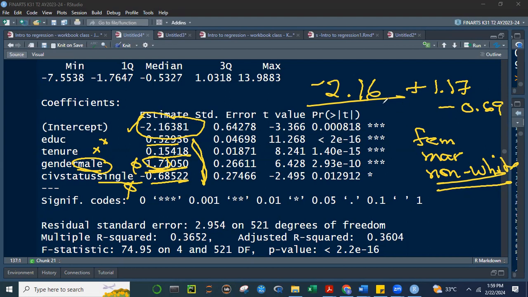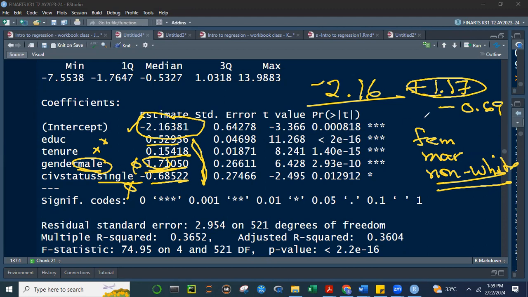Okay? So if I perform this negative 2.16 plus 1.17 plus negative 0.69, okay, that stands for the average hourly wage of a person who has no education, no tenure, who is female, okay? Okay, sorry. So, who is male? Kaya nga dinagdag natin to di ba?